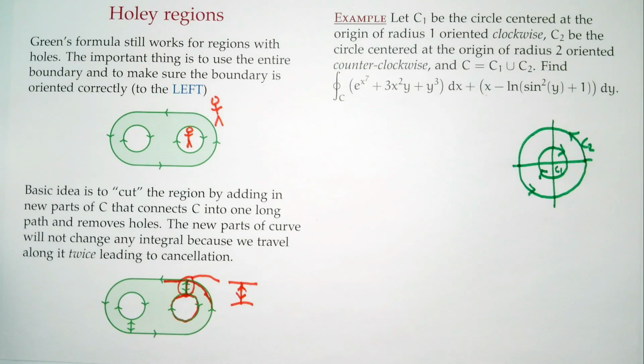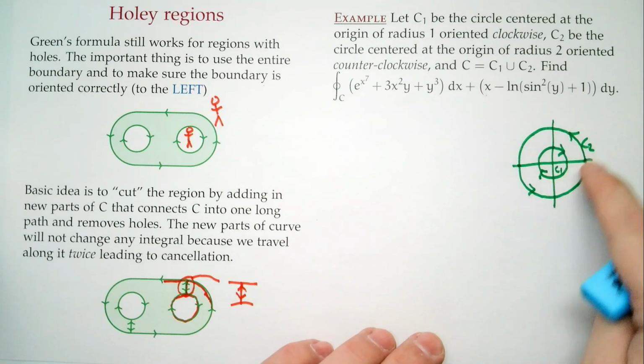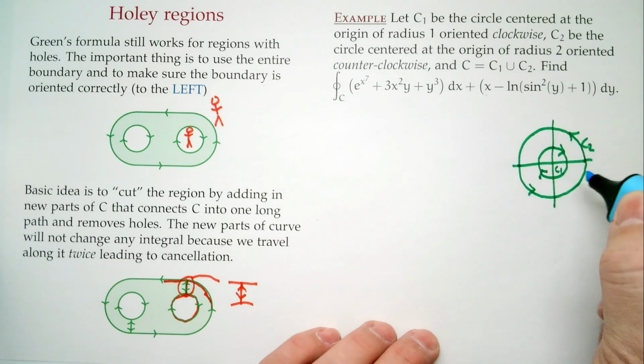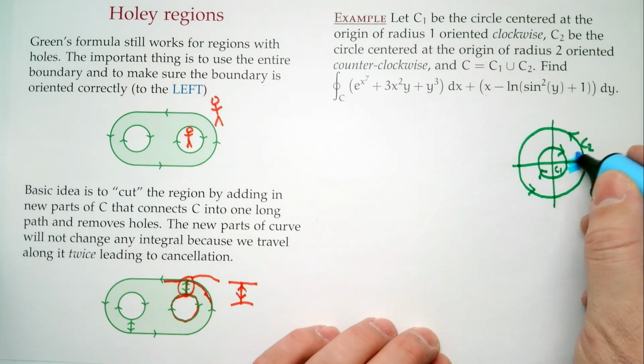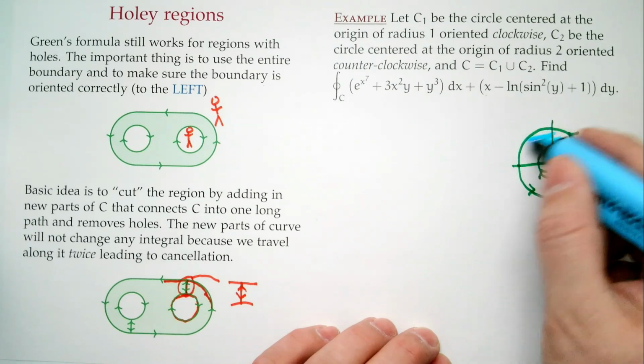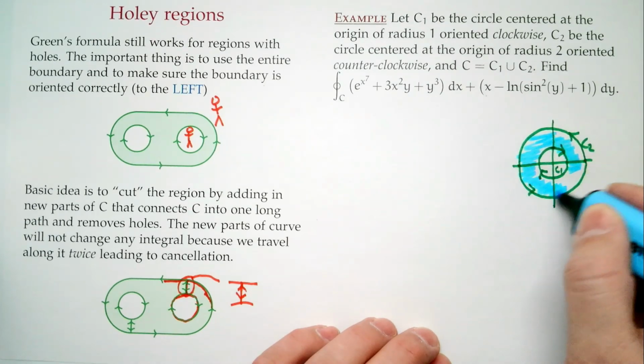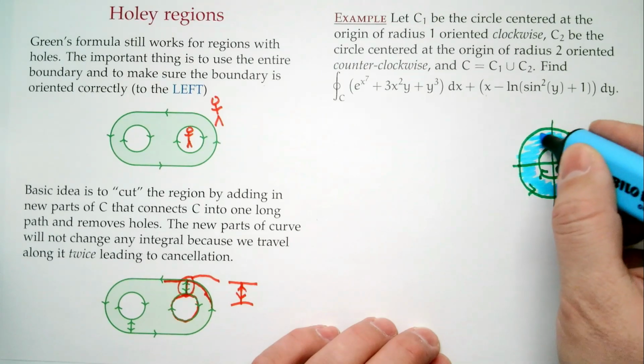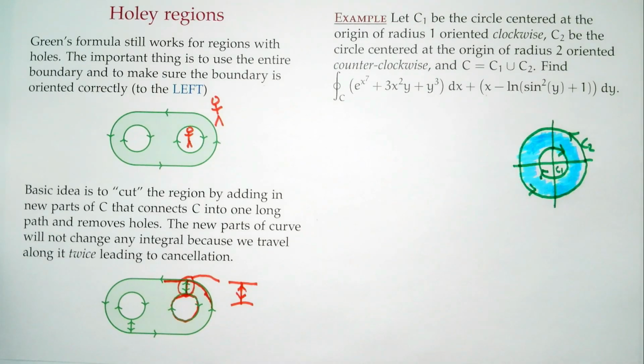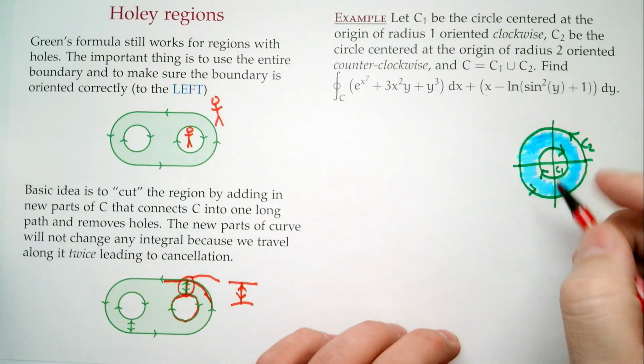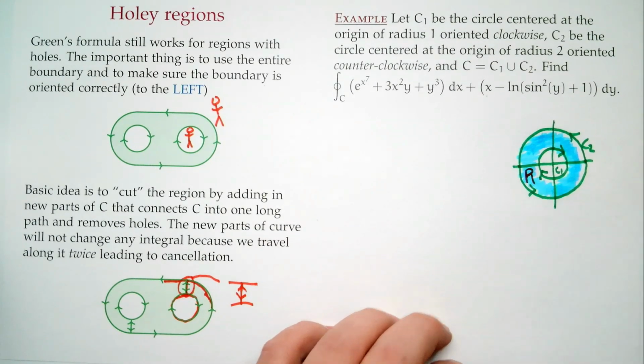So what's happening here? When I look at this curve, which again consists of both C1 and C2, what do we see? There's a single region. This sort of flat donut, if you will. If you wanted to sound very fancy, you could call it an annulus. But it's essentially a big circle with a little circle punched out. So we can apply Green's theorem.